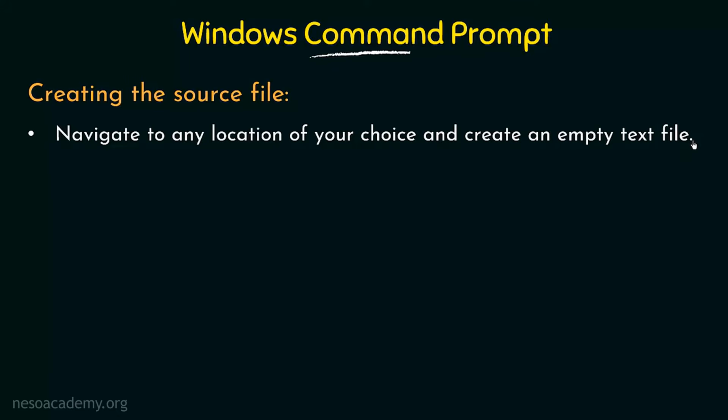After that, rename the file's extension to .cpp. Now this is very important. We first created a text file, but we have to rename the extension to .cpp, which specifies that this is a C++ source code file. The extension for every C++ source code file will be .cpp. So you have to rename it like this.